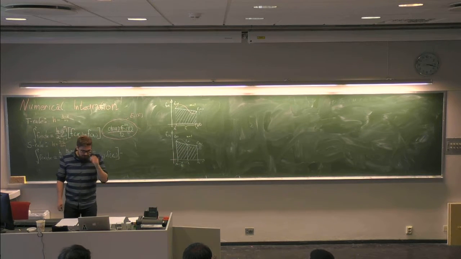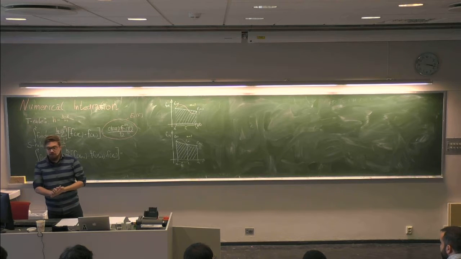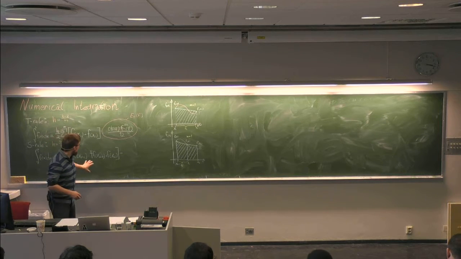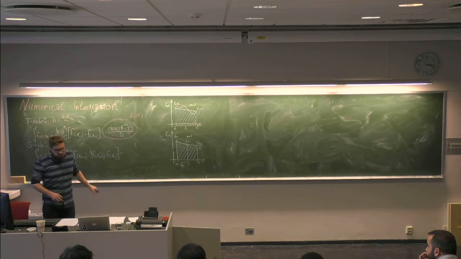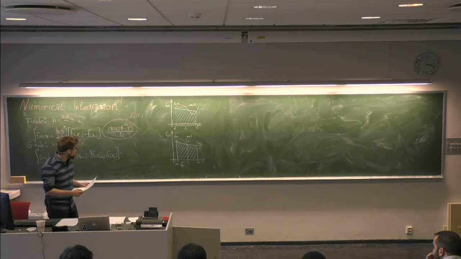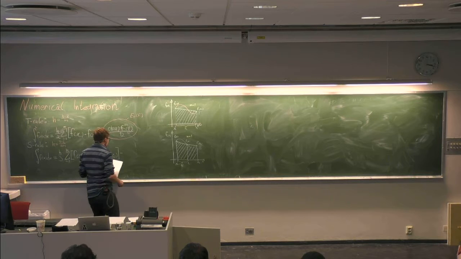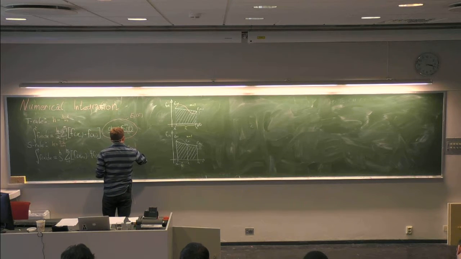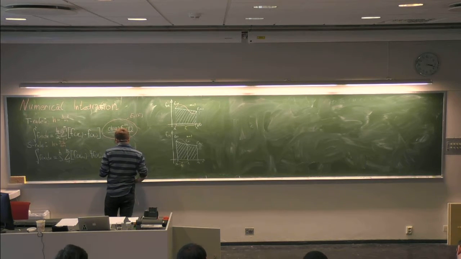We can also do something similar as we did for the trapezoidal rule in order to estimate the error for the Simpson rule, but I will just state it, as it's just a lot of work trying to figure it out.